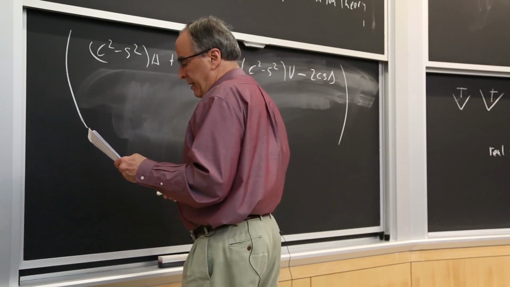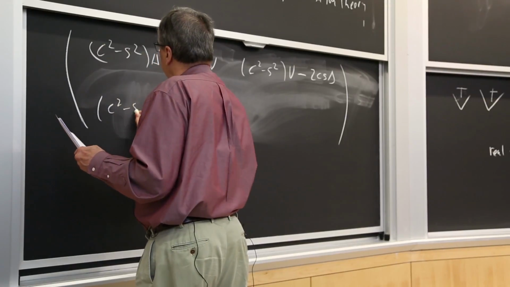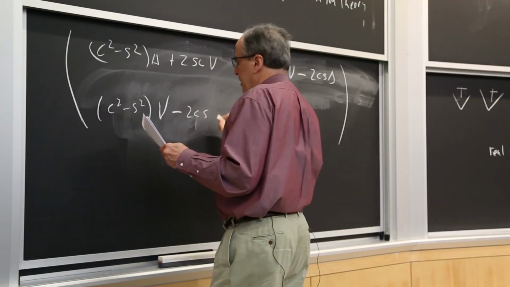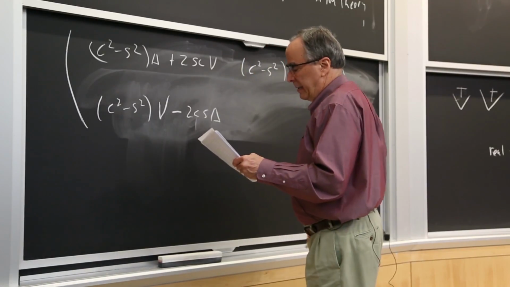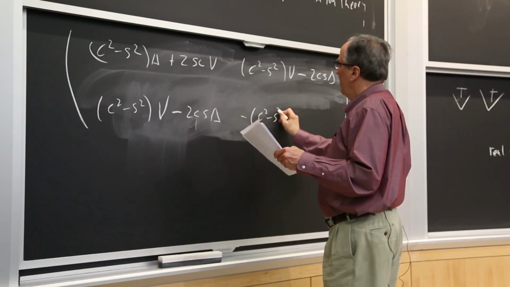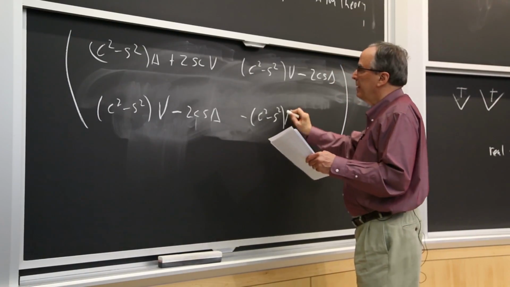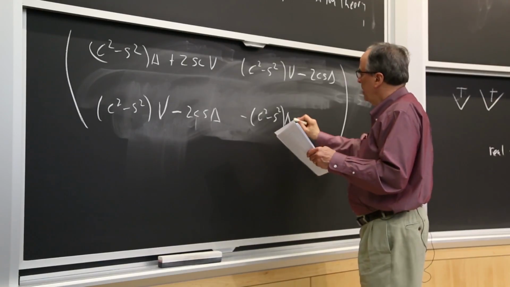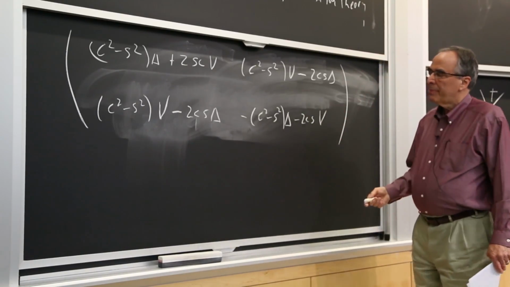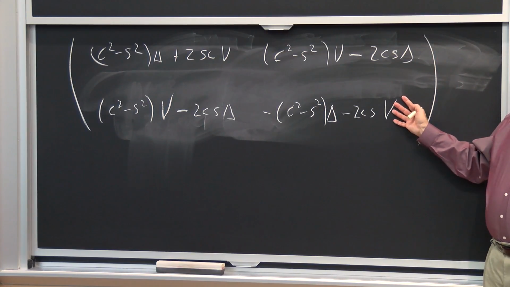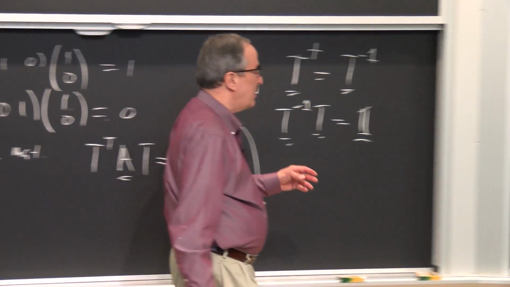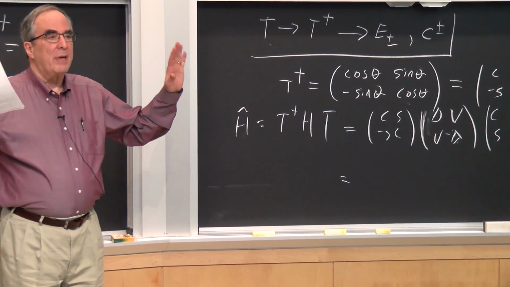And we have the same thing down here, C squared minus S squared times V minus 2CS times delta. And the last one is minus C squared minus S squared times delta minus 2CS times V. So this is what we get when we take the general form for the unitary transformation and transform the Hamiltonian with it.